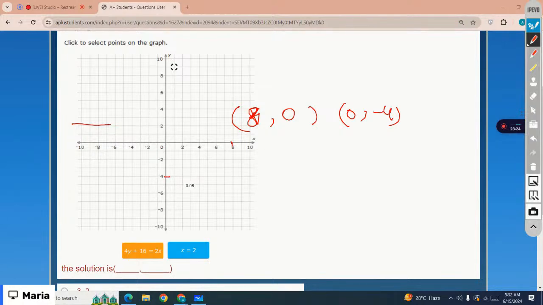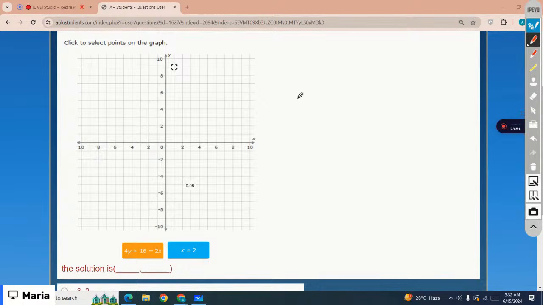So let's just make a line. Now I need to calculate the x and y intercepts again.